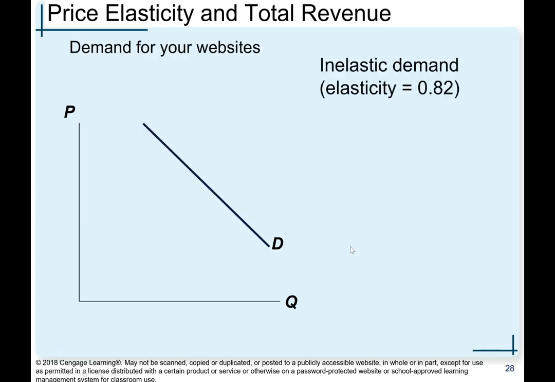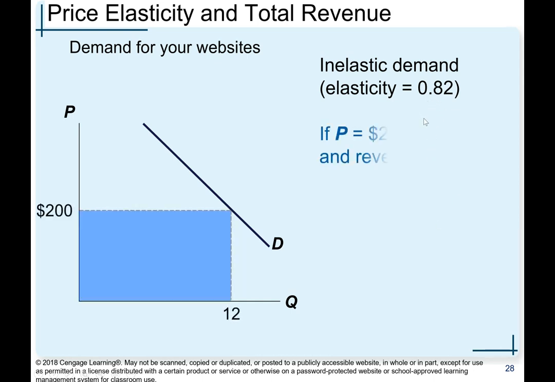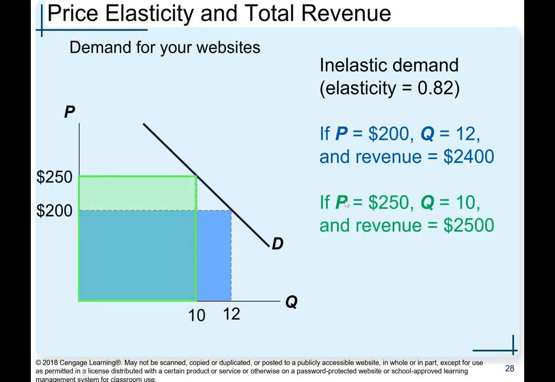Demand for your website, inelastic demand. When demand is inelastic and the elasticity coefficient is less than 1, in this case 0.82. Same example, we start out with price equal to 200 and quantity 12, revenue is 2400. If we raise the price to 250, quantity falls to 10 and revenue goes up to 2500.